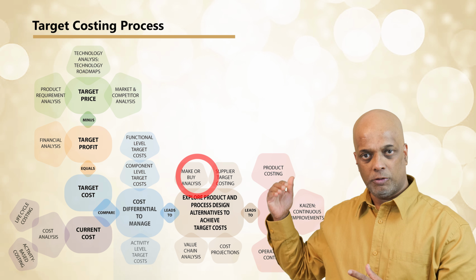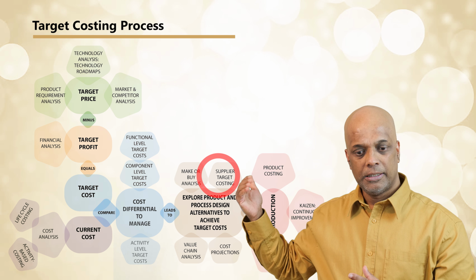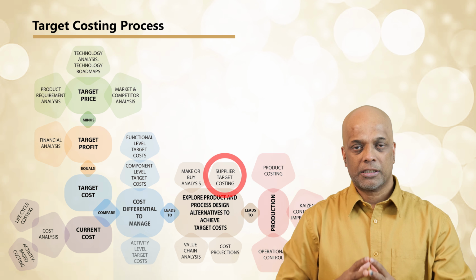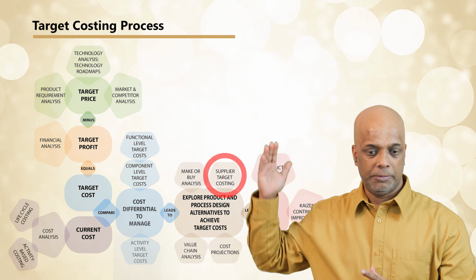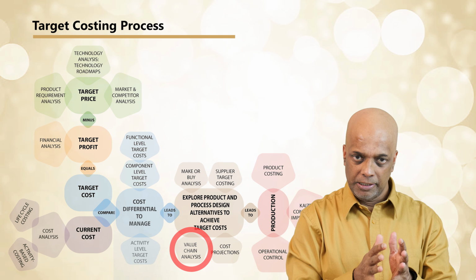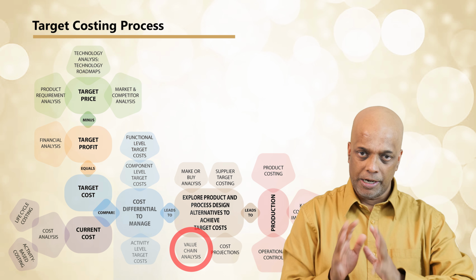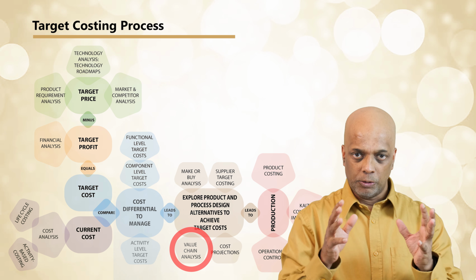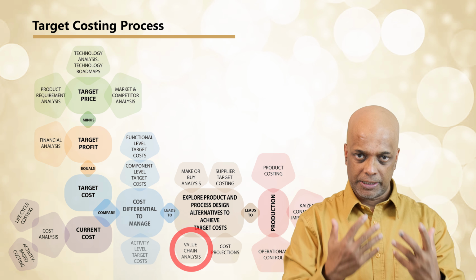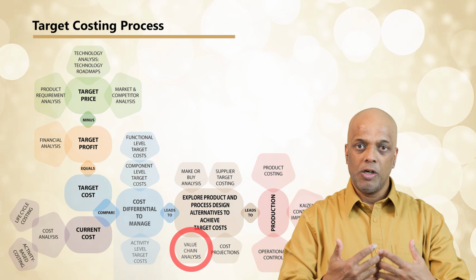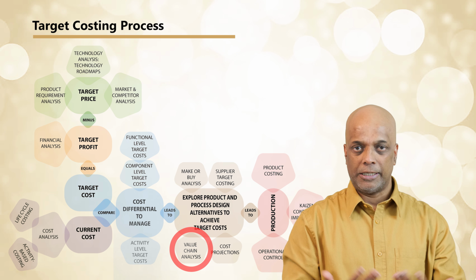And then you have to carry out various supplier target costing analysis. How do you manage your supply chain? And similarly, you may carry out a value chain analysis to see which activities can be reduced, which activities can be eliminated, and how those activities can be made more efficient and effective, and how those activities can generate more value, and so on.